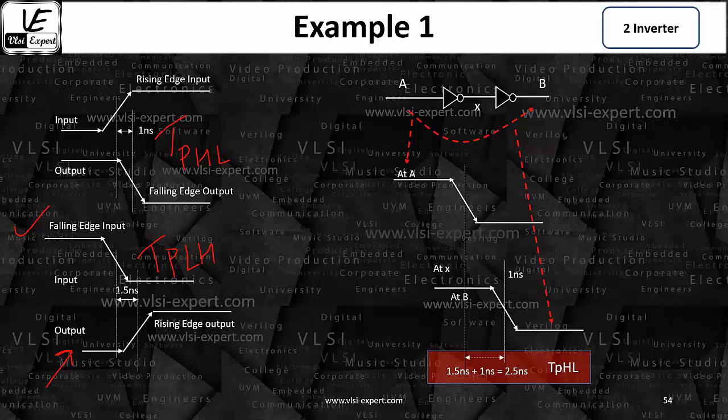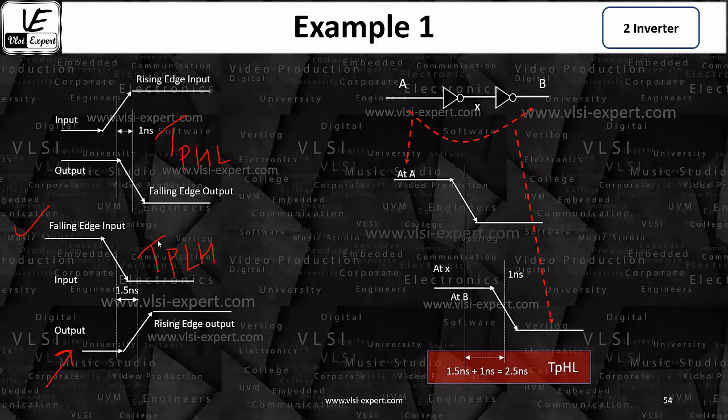The common mistake which we usually make in the case of an inverter is this. If I give you this particular information and ask for the propagation delay of these two inverters back to back, most students will answer that it will take 2 nanosecond, or they will say 3 nanosecond.